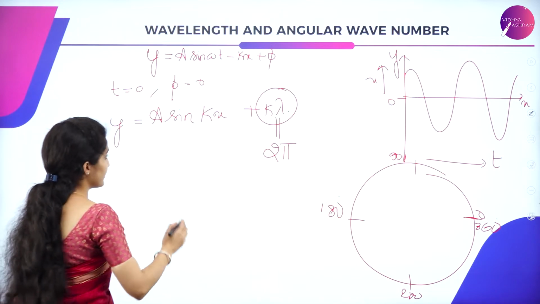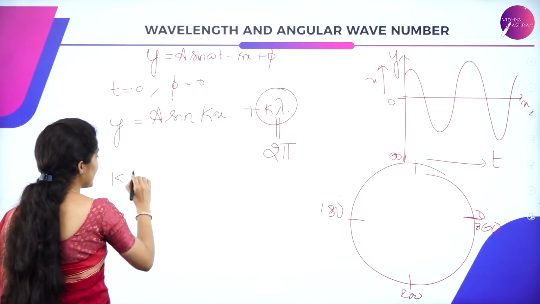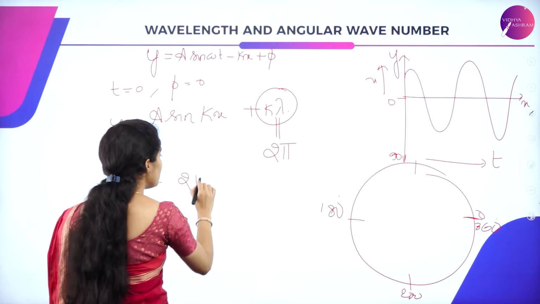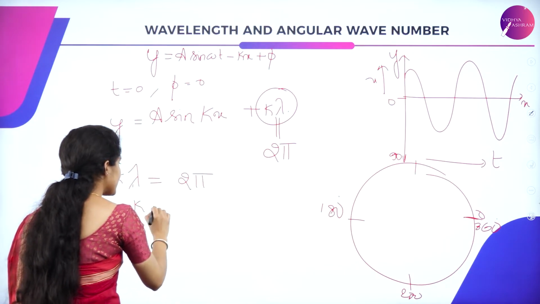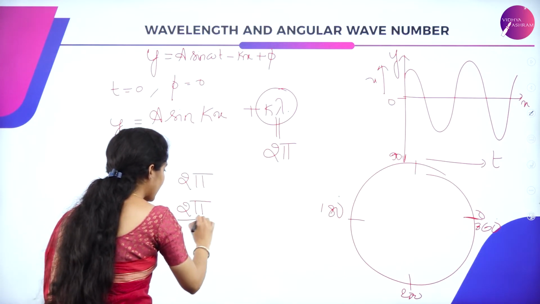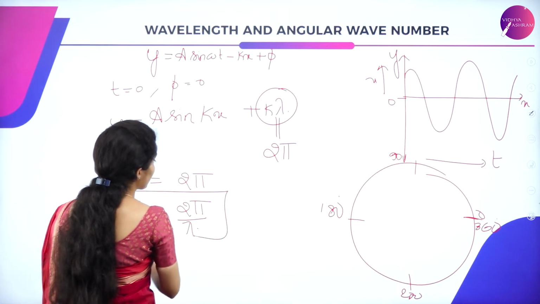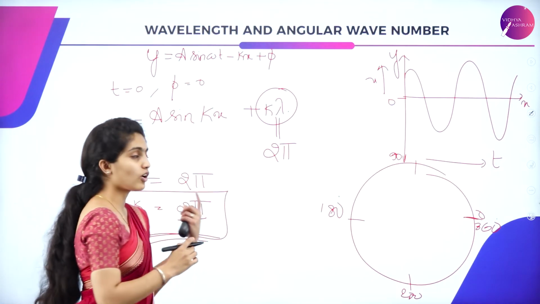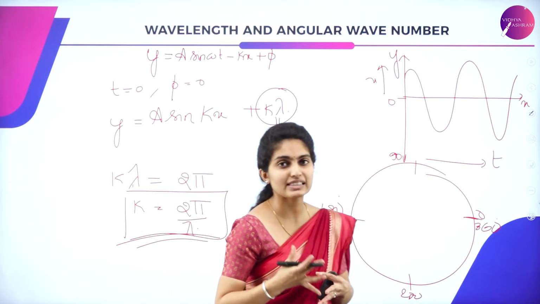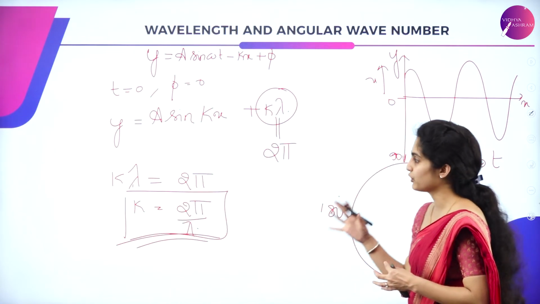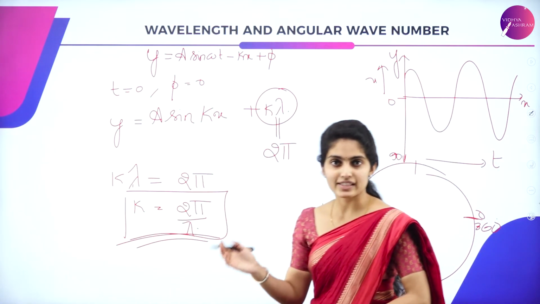So it can be written as k lambda is equal to 2 pi, where k is equal to 2 pi by lambda. This will be the value of k, and that is all about your wavelength as well as the angular wave number. So this concept is clear now.